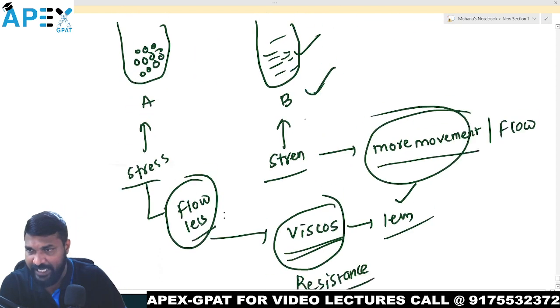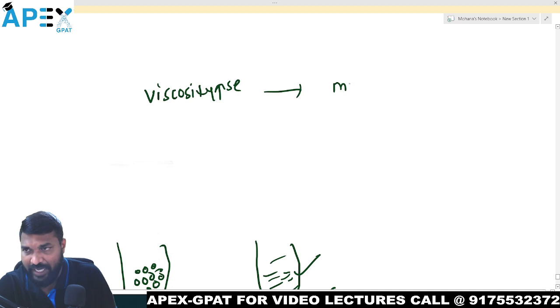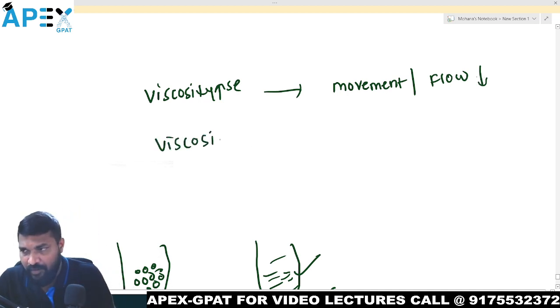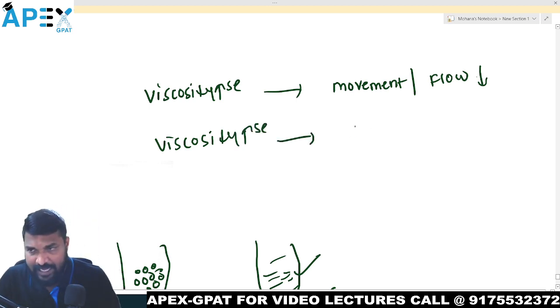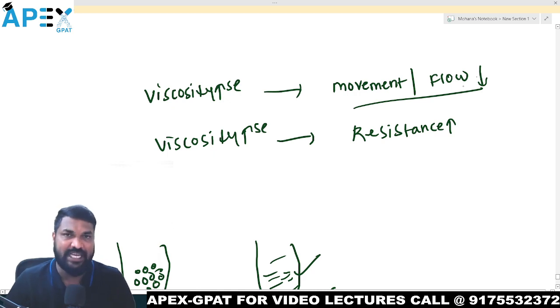If the viscosity increases, movement or flow decreases. If the viscosity increases, resistance increases. That's why the movement or the flow is less. Those are the basic things about resistance and flow.